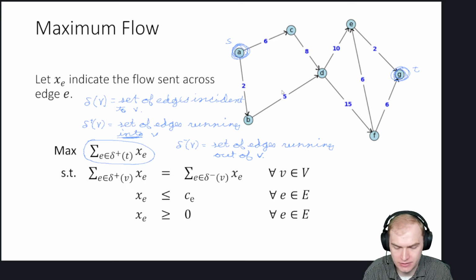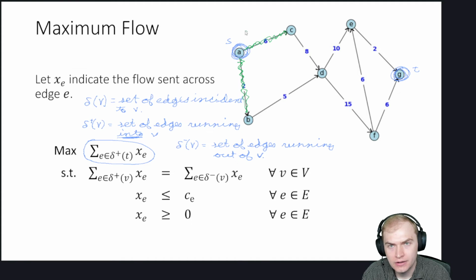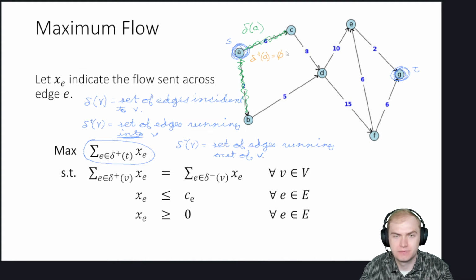So just as an example, these two edges are in delta minus A, but delta plus A is the empty set. It's empty. It doesn't have any edges.